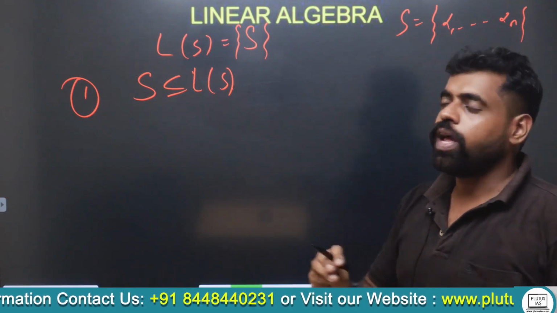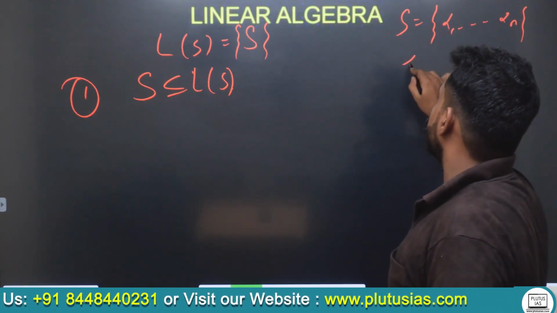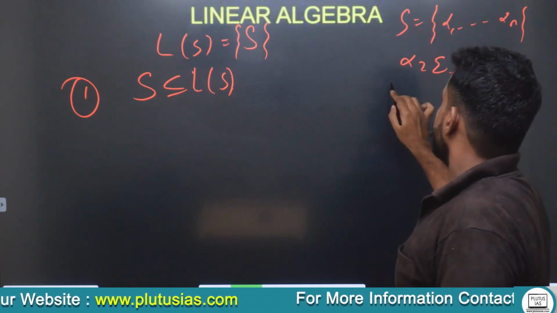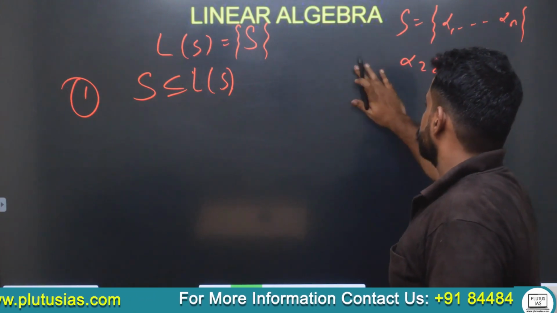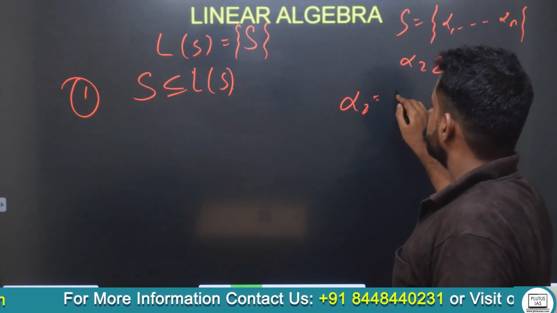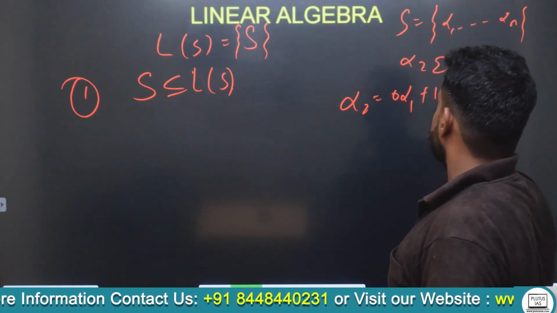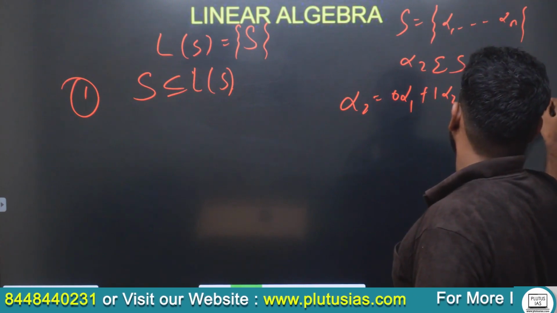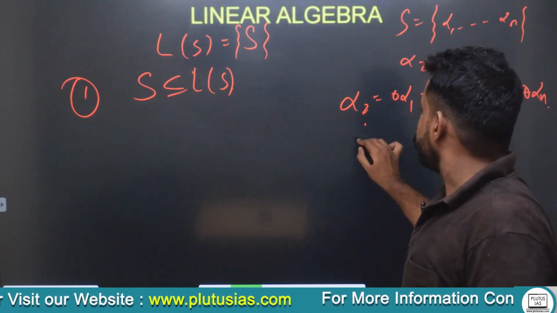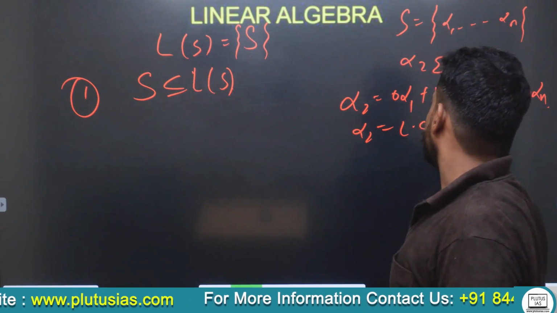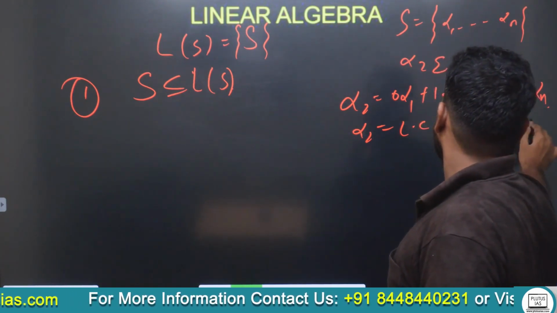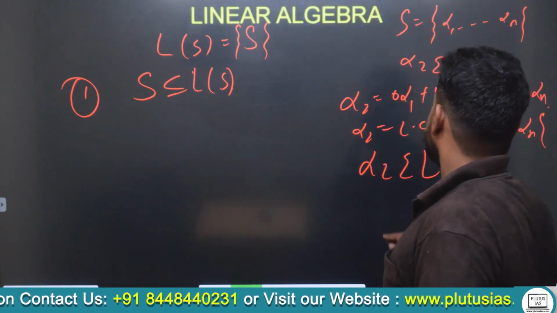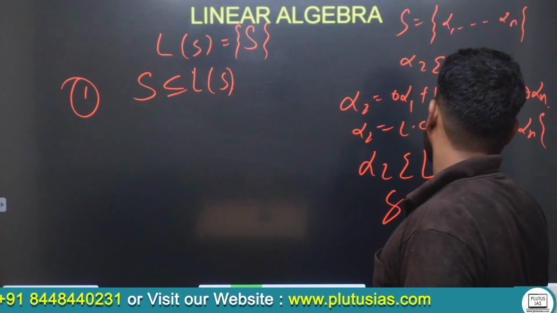So if I consider any element of S, say alpha 2, then clearly alpha 2 can be written as 0 times alpha 1 plus 1 times alpha 2 plus 0 times alpha 3 dot dot dot plus 0 times alpha n. That means alpha 2 can be written as a linear combination of these vectors alpha 1 to alpha n. That means alpha 2 belongs to L(S). That means S is a subset of L(S).